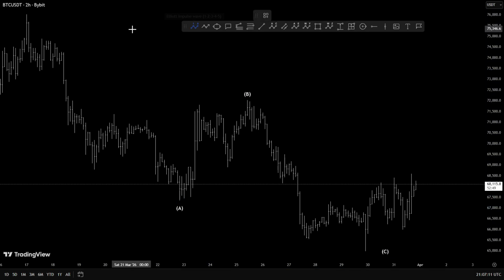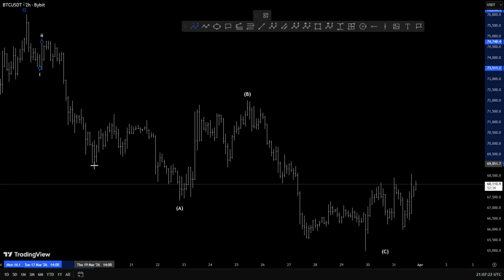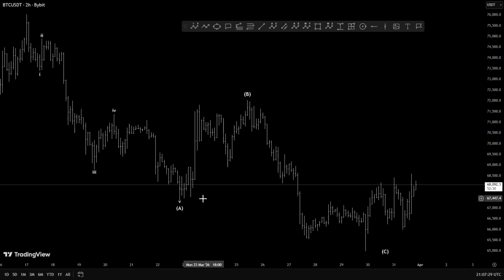Now, let's start with the first one, which is 1, 2, 3, corrective structure, 4, and we have 5.